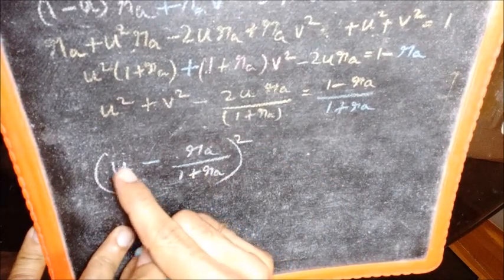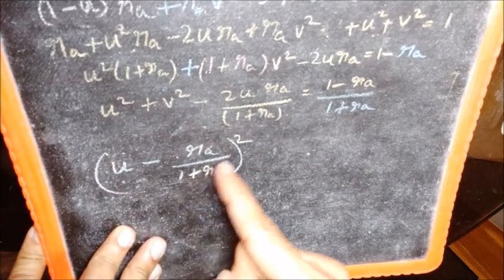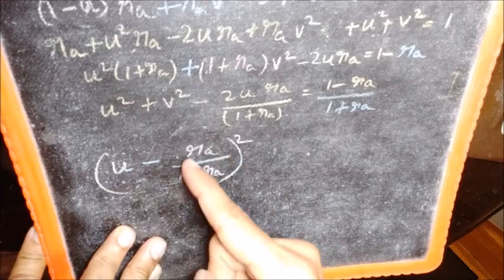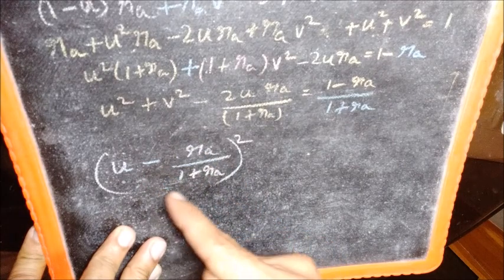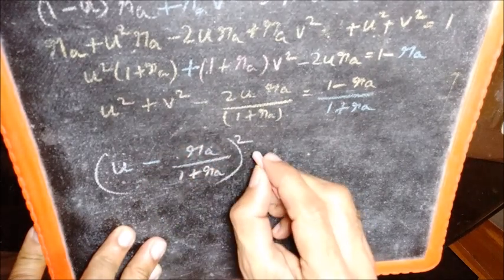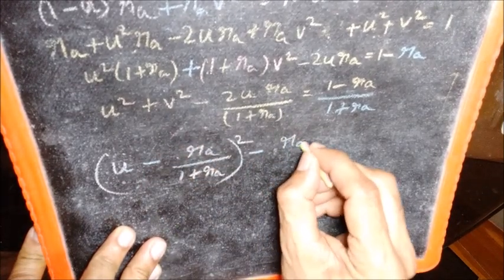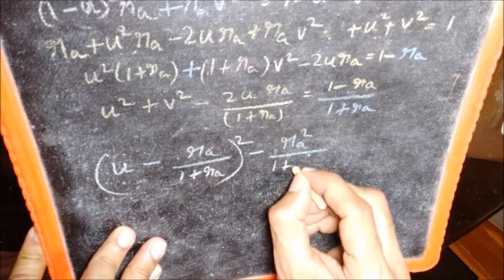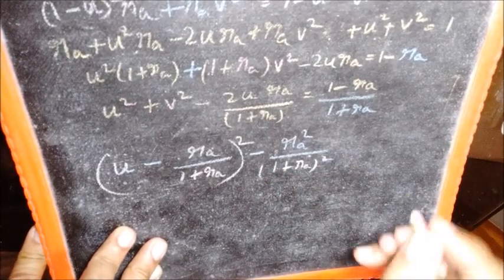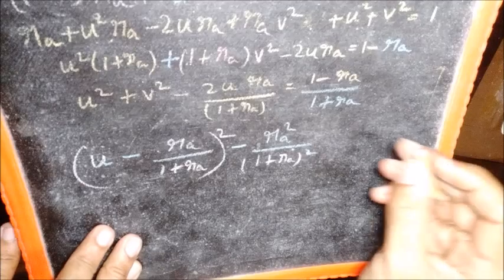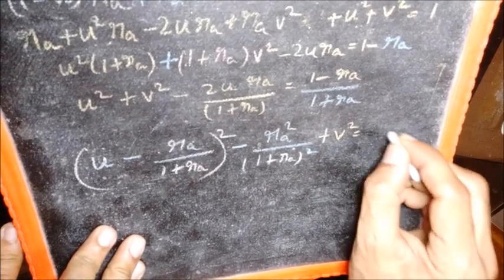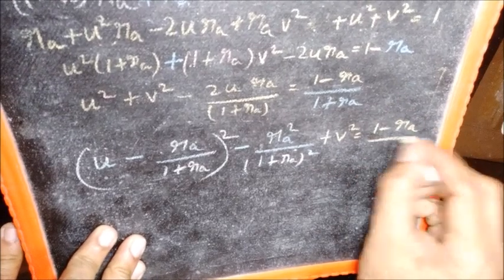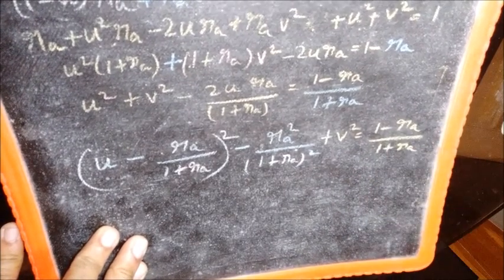When you expand this, you will get u square, minus 2u RA by 1 plus RA, and an extra plus RA square by 1 plus RA square. You can compensate for that by doing this. These are simple tricks which you learn in school. And then I have plus v square is equal to 1 minus RA by 1 plus RA.